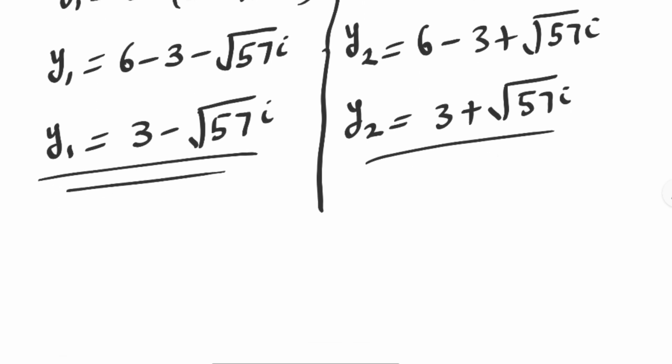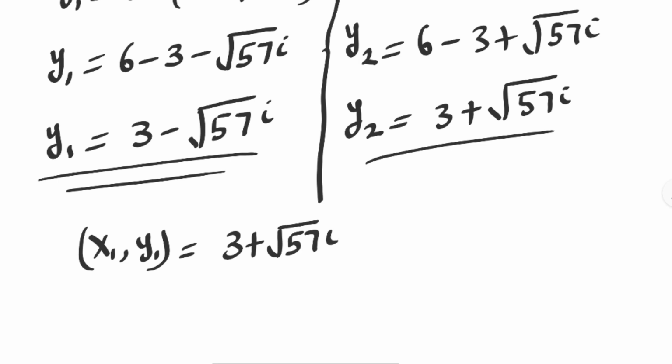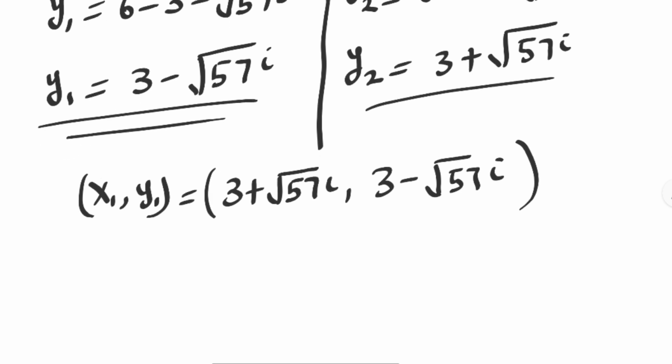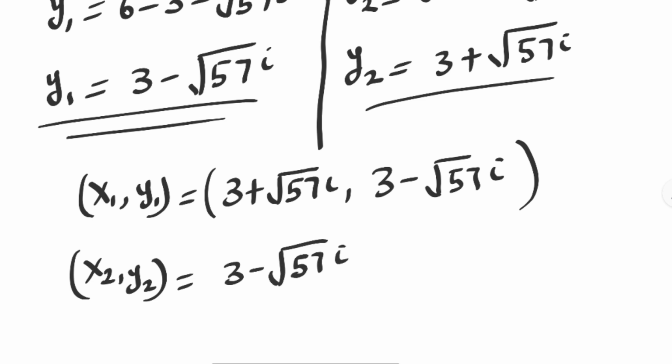Therefore, our final answers are x1, y1 is equal to 3 plus root 57 i, 3 minus root 57 i. Then x2, y2 is equal to 3 minus square root of 57 i, 3 plus square root of 57 i.